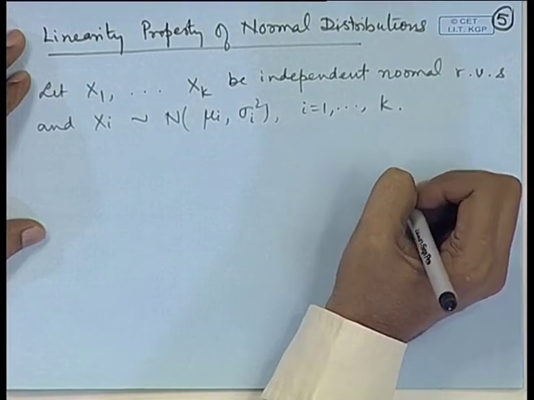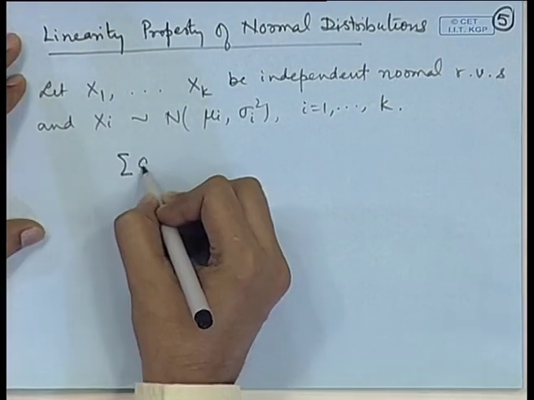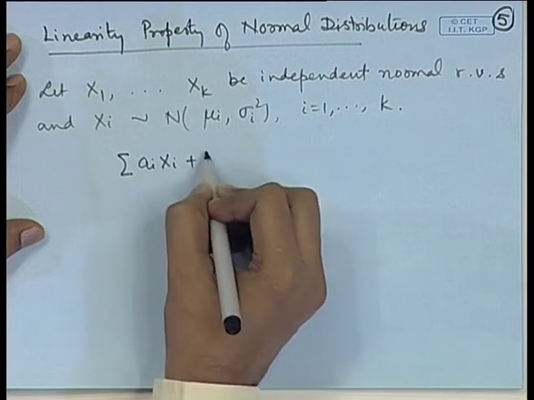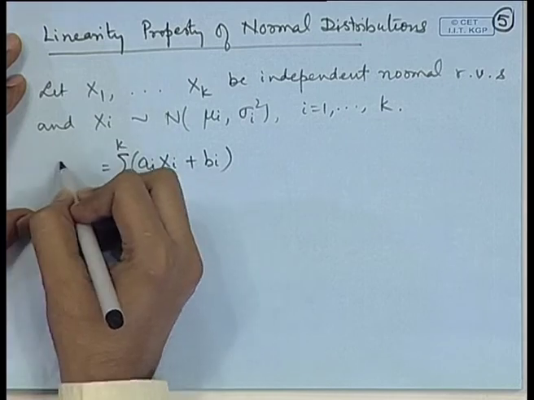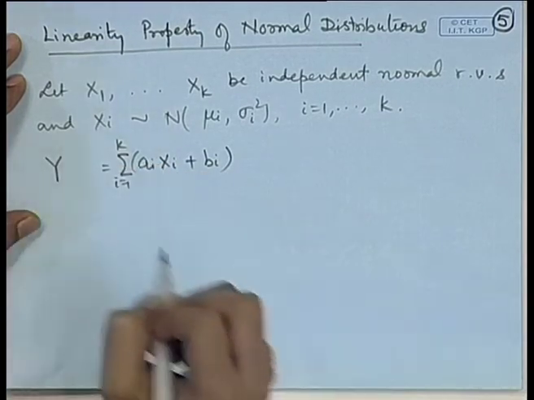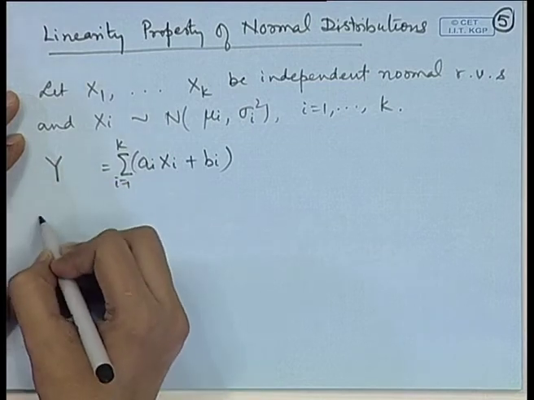Let us consider a linear function Y equal to sigma ai Xi plus b, i is equal to 1 to k. Let us obtain the distribution of Y.